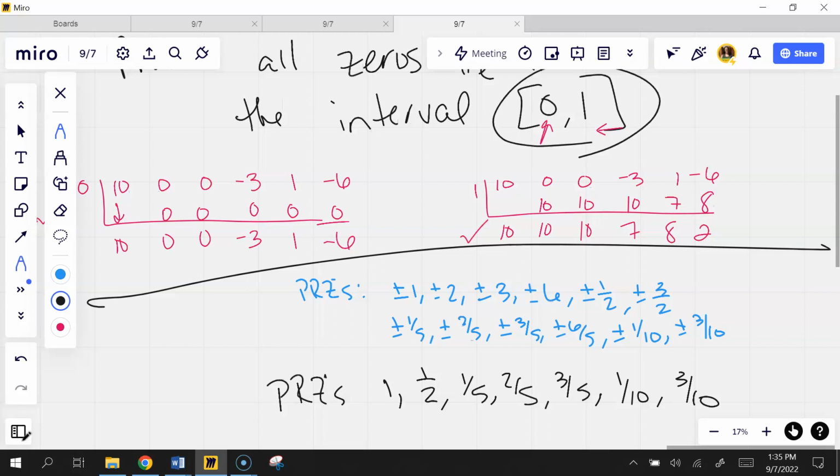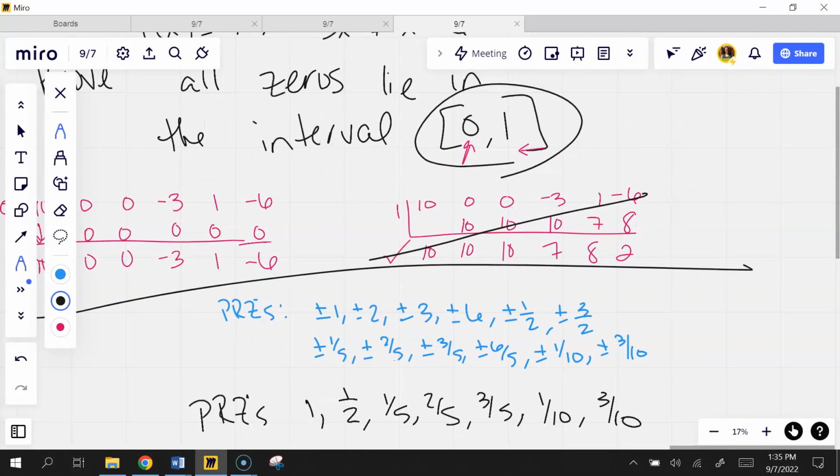If this wasn't given to you and you had picked 2 first, remember these are just possibilities. They're not actuals. So if you'd have done a 2 and you got all positive numbers and this was not into play, then you'd say, okay, well, I know it can't be over 2, so I'm going to take everything less than 2. There's still possibilities. And then maybe you tried 1 and you went, wait, 1's also all positive. That means 1's actually a smaller upper bound, so I can use 1. If I tried a half and it worked, then I could take it down to a half. All right.